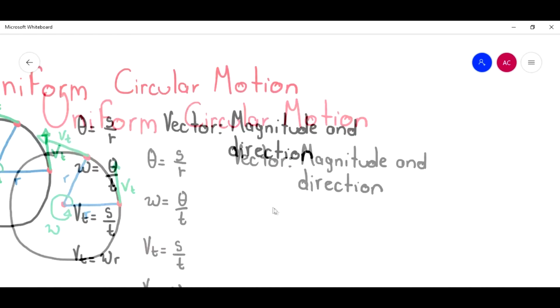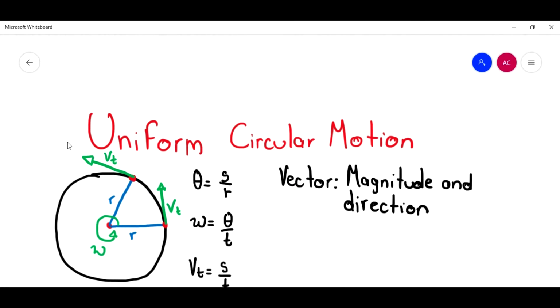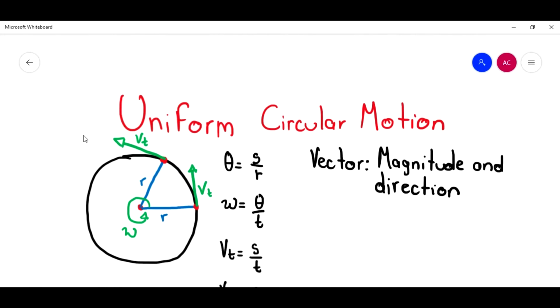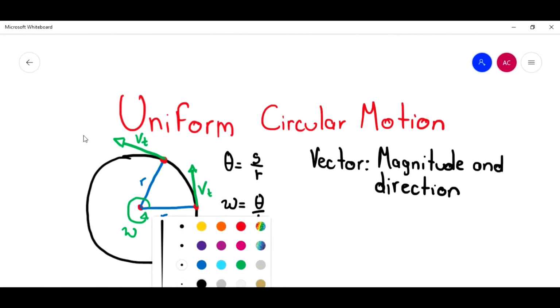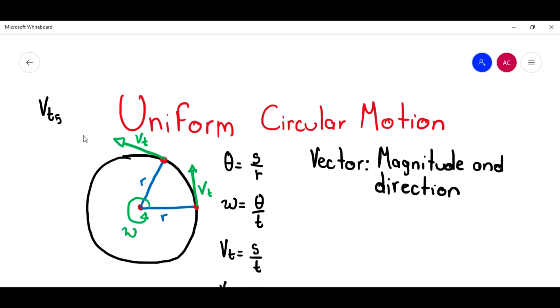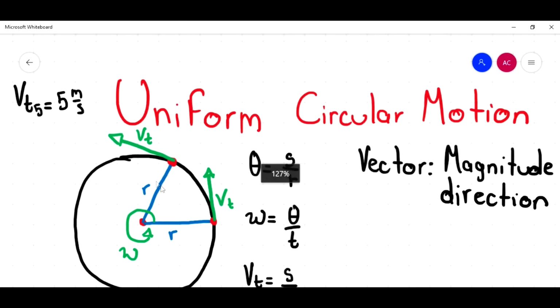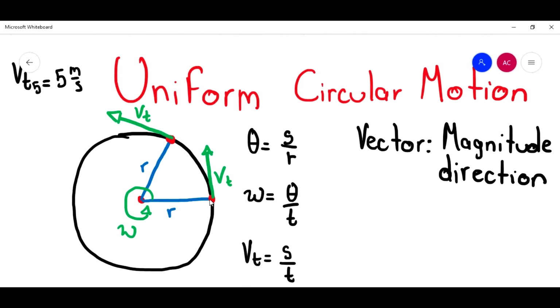Let's suppose that the tangential velocity for the fifth cyclist was, I don't know, 5 meters per second. So the fifth cyclist is going to have 5 meters per second the whole track. In this case they just traveled 5/6 of the revolution, information that comes from the previous video.